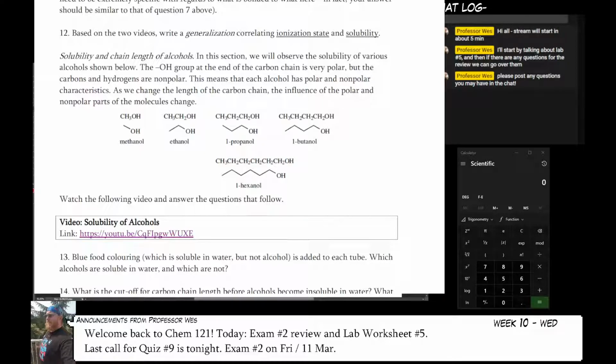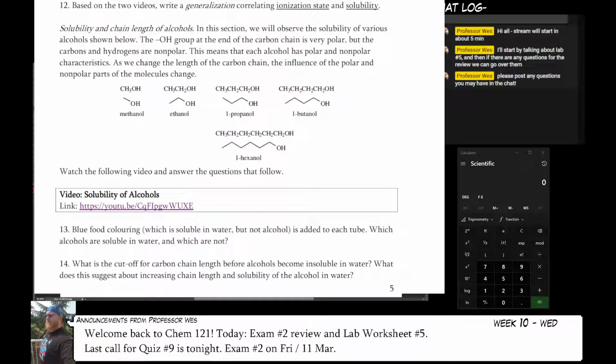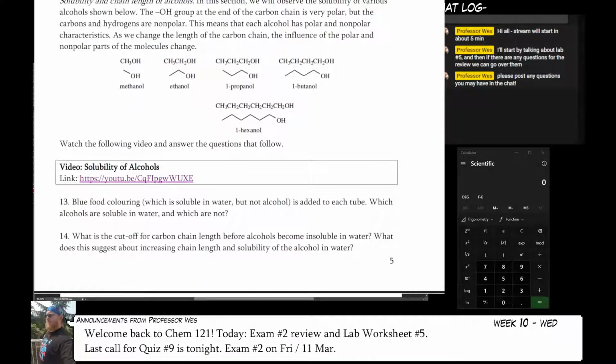Some of these will dissolve and some of these will not, and they'll make a separate layer if they don't. And your job is to watch that video and tell me what the correlation is between how long the chain of carbons is and its solubility. Is it more soluble when you add carbons in there? Is it less soluble? Does it not seem to matter? Tell me what you think when you watch the video.